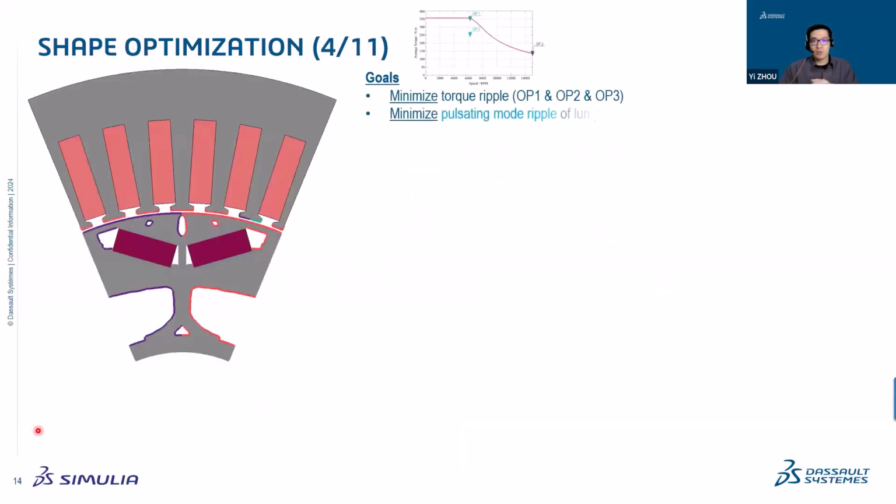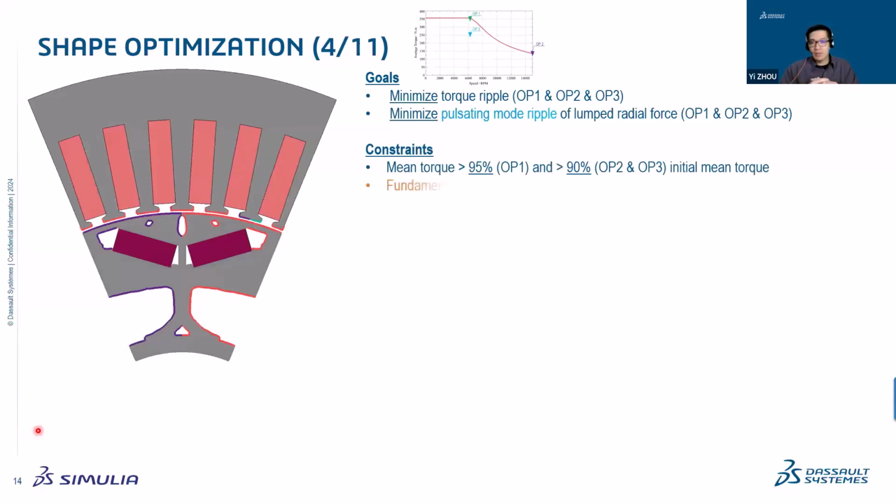And then what is good for this optimization? Because the main goal is we want to suppress harmonics to improve the drive comfort, the torque ripple reduction will be very important. And also the positive mode ripple reduction is important, no matter for which operating points. And then during optimization, I know the torque will be reduced somehow, but I don't want to reduce too much.